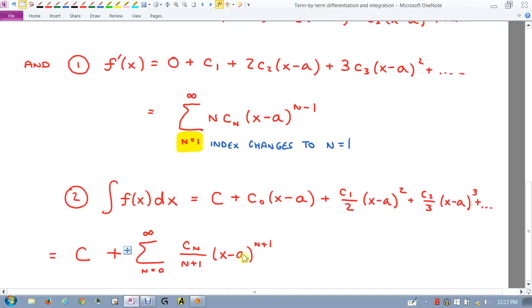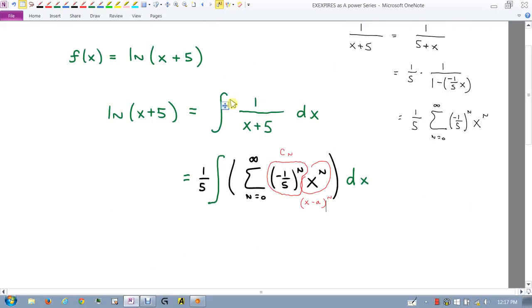That's it. You don't mess with the power on the c sub n. So this should be equal to 1/5, and then no more integral sign, because I'm actually taking the antiderivative of a power series. Do I change this index?